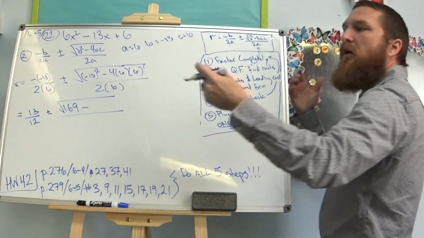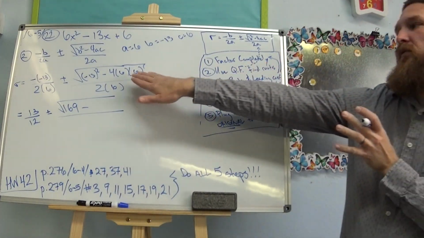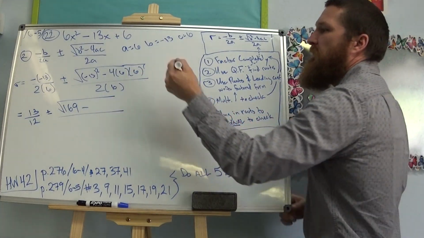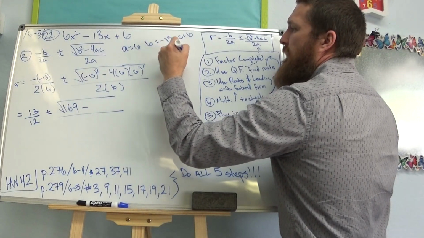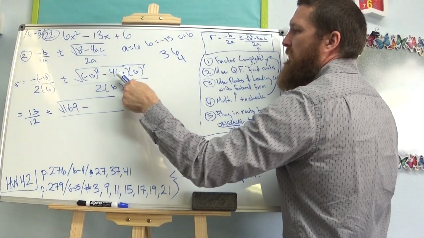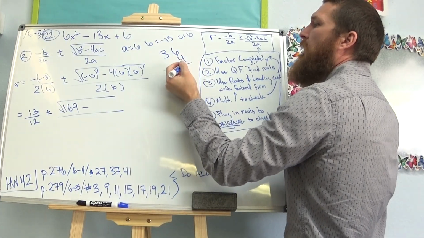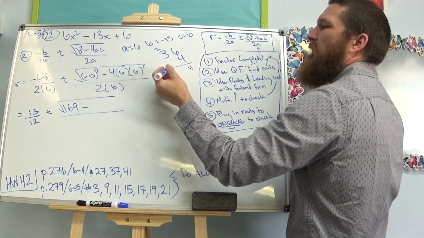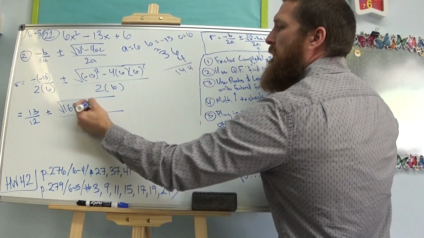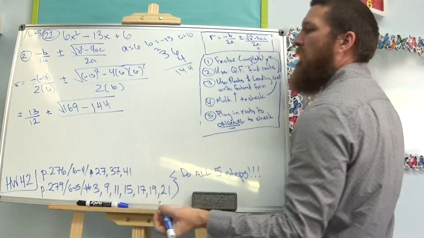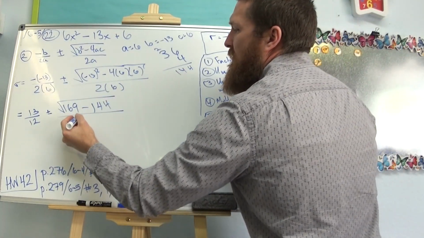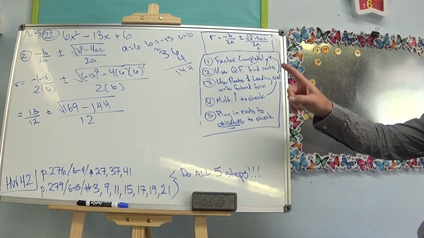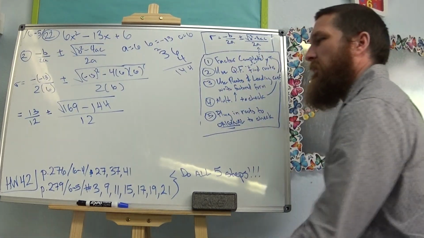There's a minus there. Nothing's changing sign because there were no negatives over here. So I'm going to leave the minus there. Now, 6 times 6 is 36 times 4. So I'm computing this right here: 4 times 6 times 6 is 36 times 4. 6 times 4 is 24. 3 times 4 is 12, 13, 14, 144. 169 minus 144, and then in the denominator we have 2 times 6 is 12. 169 minus 144 should be something 25, with a 5. 25. Okay.